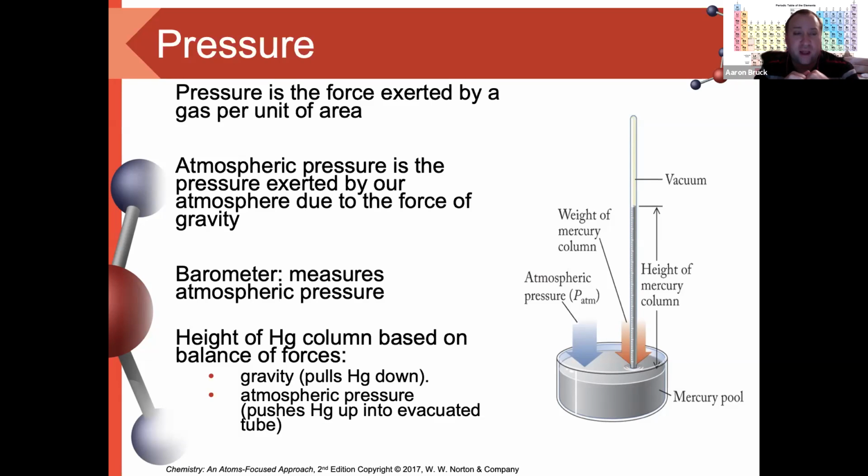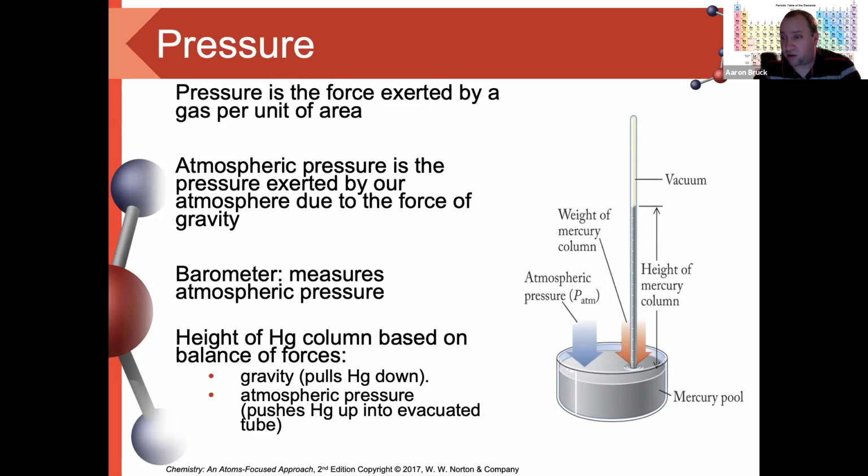Now, we can measure atmospheric pressure using something called a barometer. A barometer measures atmospheric pressure using a device similar to, although not exactly the same as this. This is based on the original model by Evangelista Torricelli, where you had an open pool of mercury and an evacuated glass column to measure the height of the mercury in. Modern barometers are a little bit more sophisticated than that, at least the ones that use mercury.